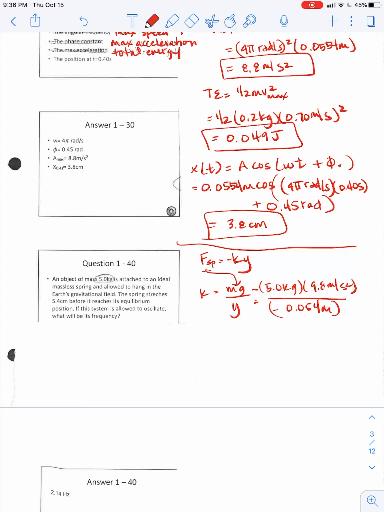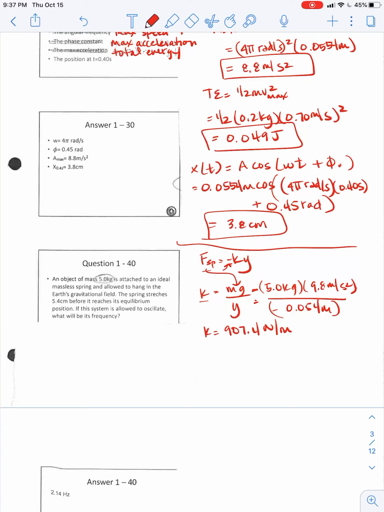So that negative from this k right here, which looks like an equals now, is going to go to the other side so that k becomes positive. So you end up with a k constant of 907.4 newtons per meter. Okay, so that's the first step. Then you could go through and say, all right, what else can I find from this information?